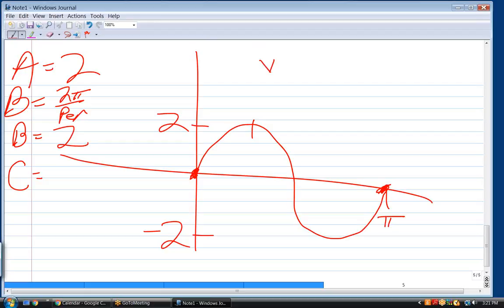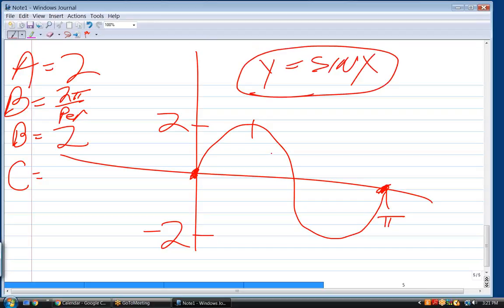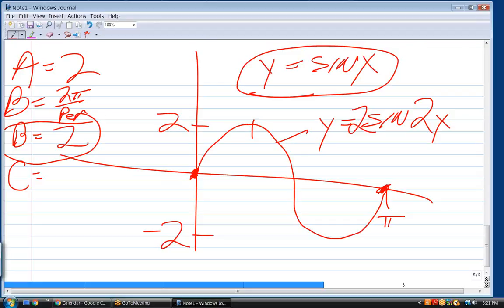In other words, y equals sine x would almost look like this curve, except this would have a period of 2 pi. So at the moment, our curve looks like sine of 2x because we figured out that B has to be 2 if our period is pi. And A has to be 2, so let's stick a 2 in front.